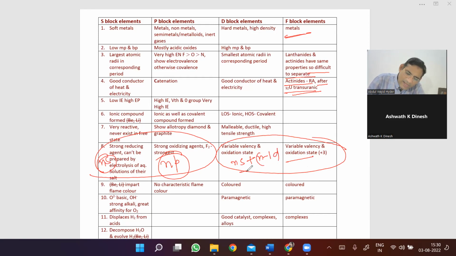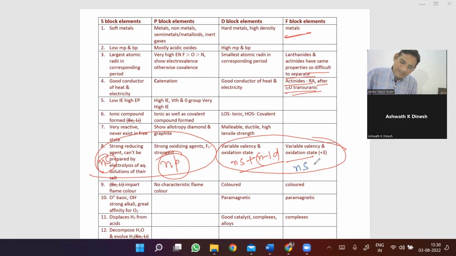What's the reason? Why in D block elements can NS and N-1D both take part in bond formation? Reason: because the difference in energy between NS and N-1D is almost negligible. Very, very little difference in energy between NS electrons and N-1D electrons. Now you'll ask me, why do F block elements show variable valency?